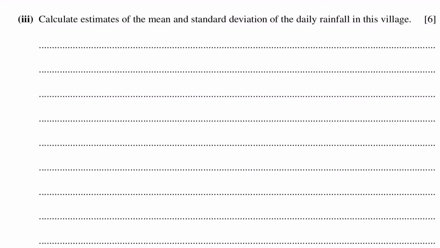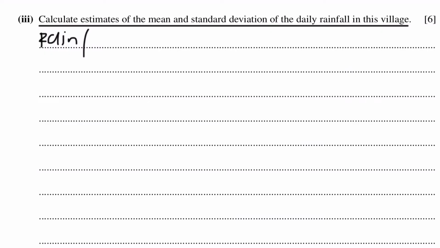Now, since what you have is grouped data, to calculate the estimates of the mean and standard deviation of the daily rainfall in this village, you have to have a table. So this will be rainfall, X millimeters. This will be frequency. This will be the middle value of the rainfall. This will be xf, and this will be x squared f.